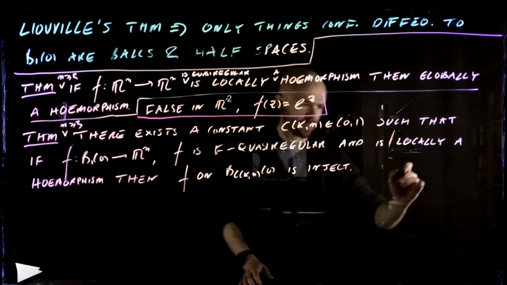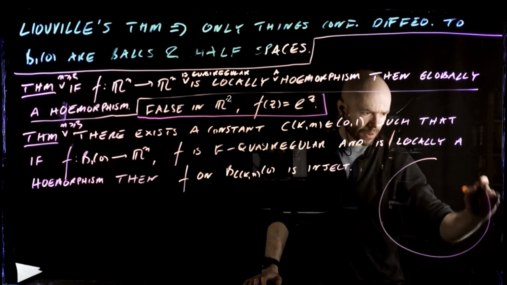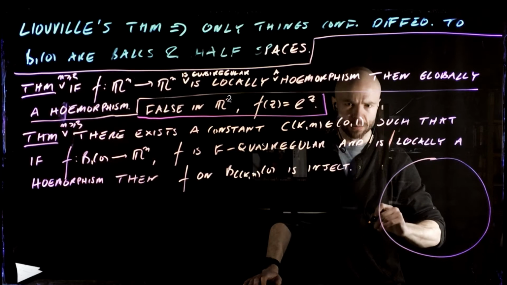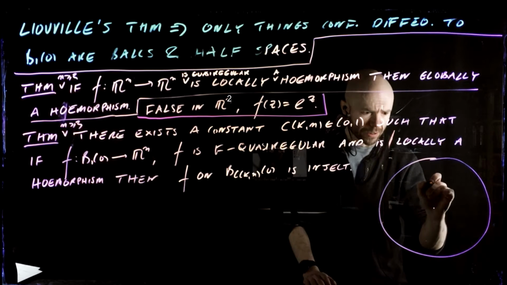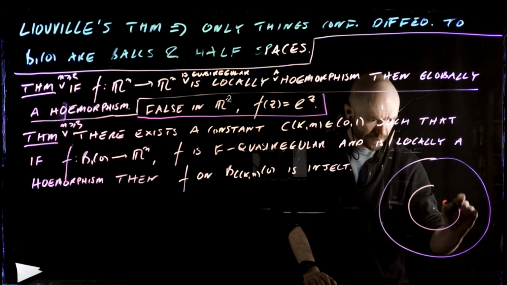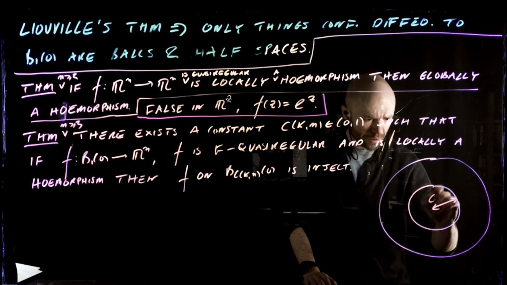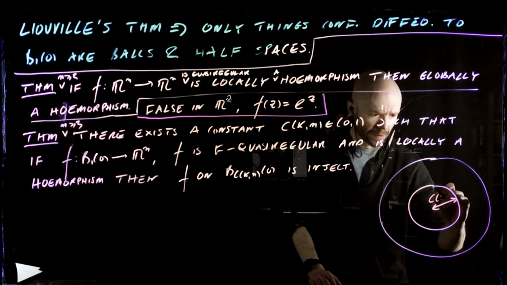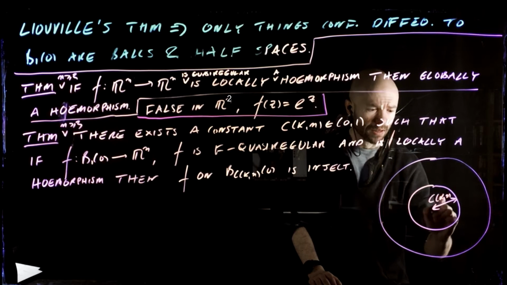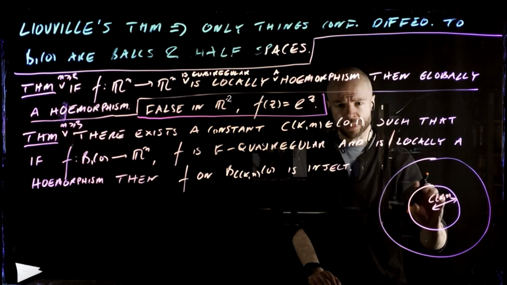But what this says is that if we have a quasi-regular mapping defined in a ball, and it is locally invertible, then there exists some constant, depending just on the K of the K-quasi-regular and on the dimension n, such that we are actually injective on this central subball right here.